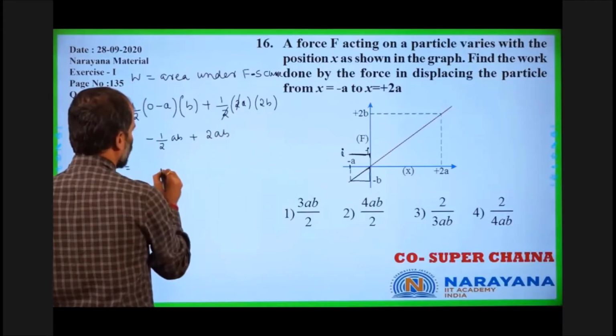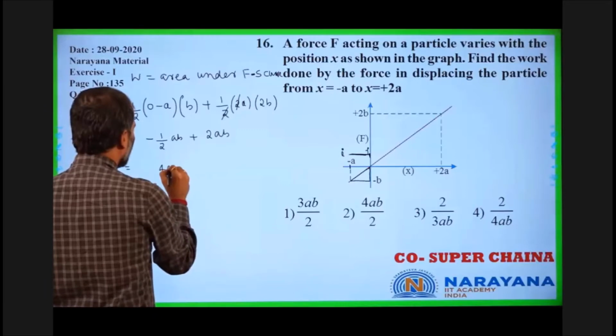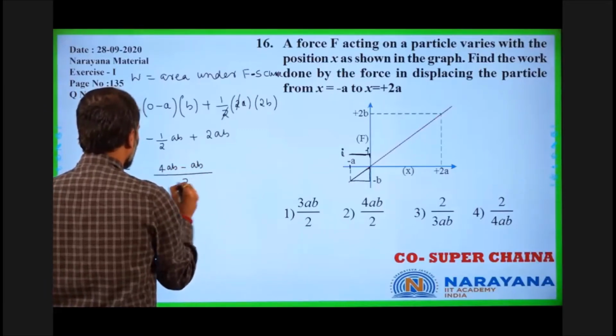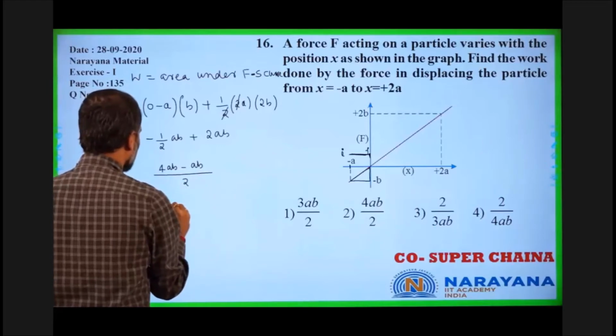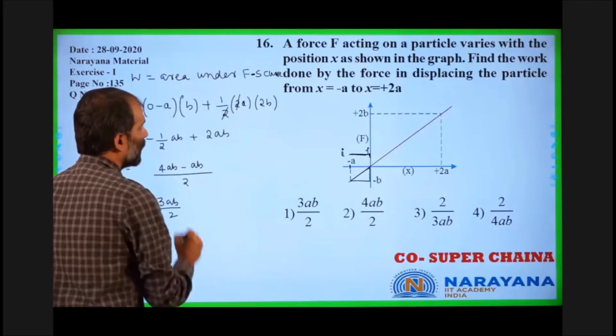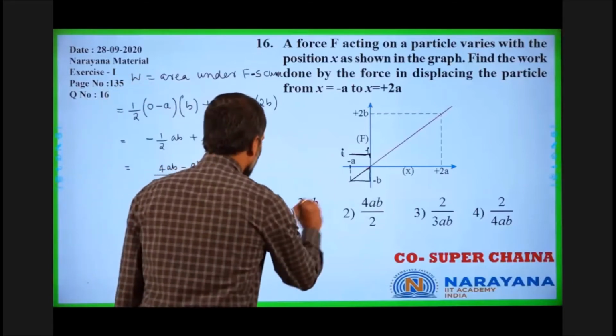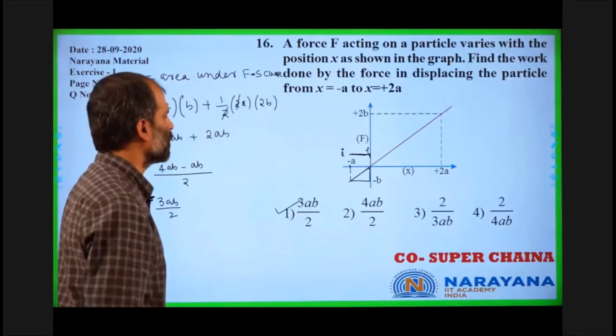So it is equal to 4ab minus ab by 2, which is equal to 3ab by 2, which matches our first option.